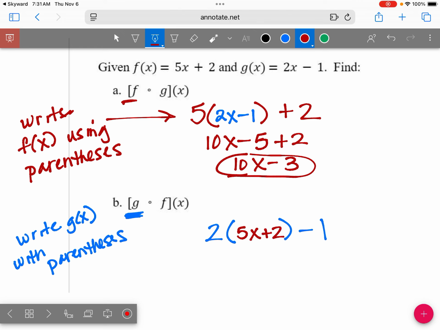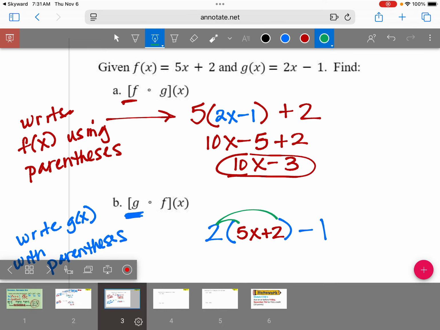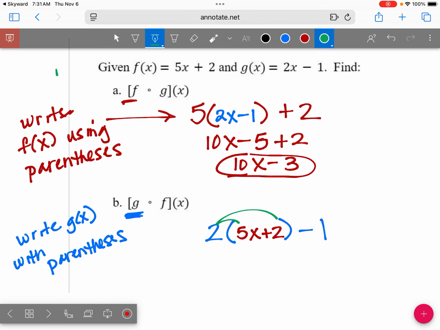All right, go ahead and distribute and combine your like terms. That would be 10x plus 4 minus 1. And that gave us 10x plus 3.